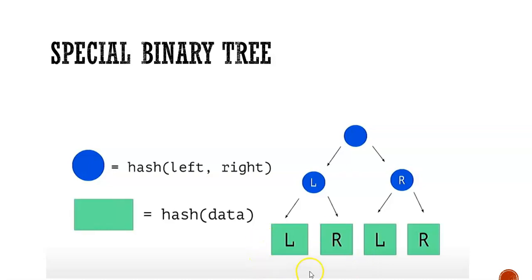So when you have data, each data will be converted into its hash, and this internal node contains the hash of the left child and the hash of the right child, which are in turn hashes themselves. And finally, the root will also have the hash of all transactions.